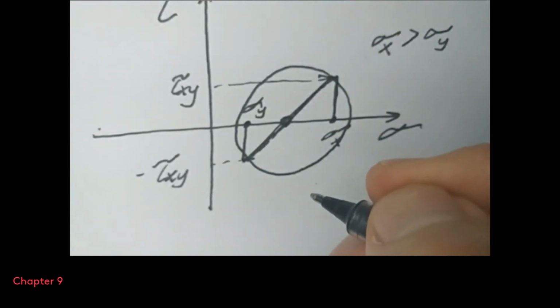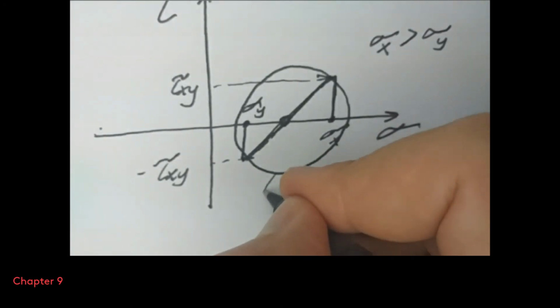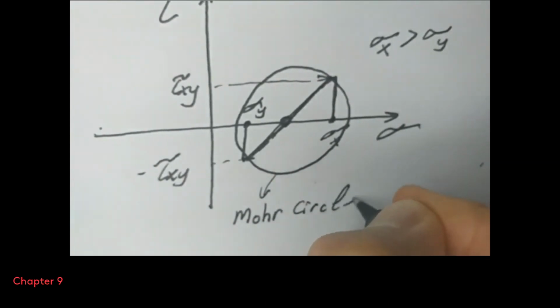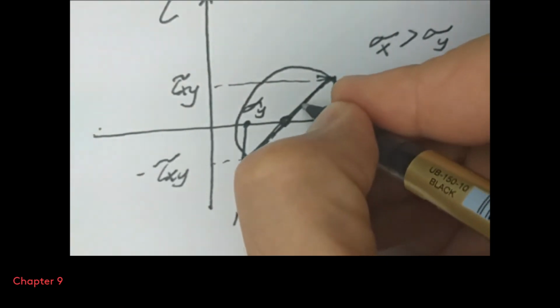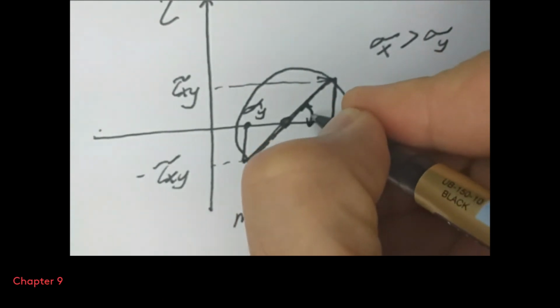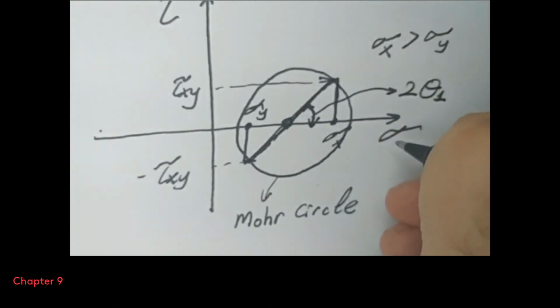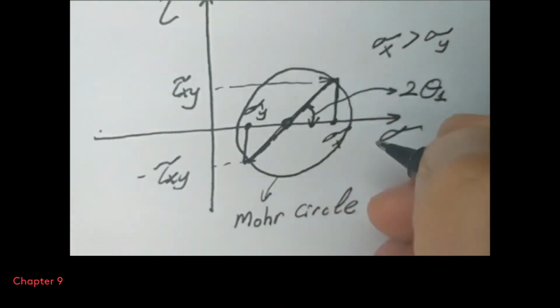Basically, this gives you the angle of rotation. So this angle is 2 theta 1. If you rotate at an angle of theta 1, this means you reach the eigenstresses or principal stresses.